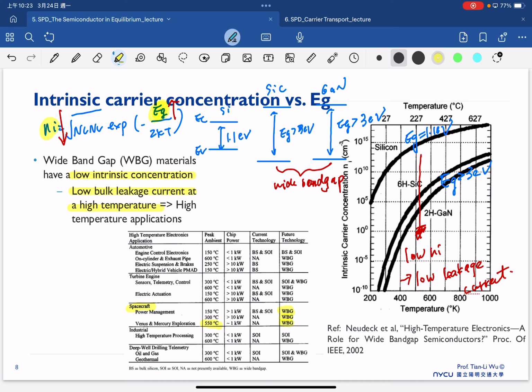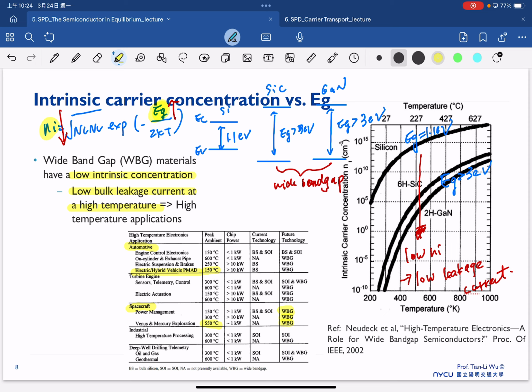But in our daily life nowadays, there's one particular application that we call automotive. Automotive is everything related to our car. In the case of a car, especially the hybrid electric vehicle and the electric vehicle, the peak ambient temperature can sometimes be more than 150 Celsius degree, or even beyond 200 Celsius degree.